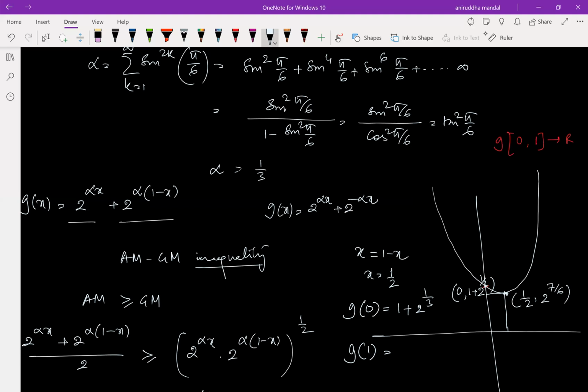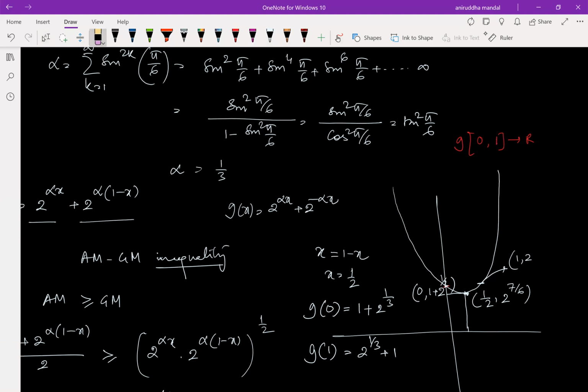So g at 1 means 2 to the power alpha plus 1. So let's say this is the 1 point. So this is 1 comma 1 plus 2 to the power 1 by 3.